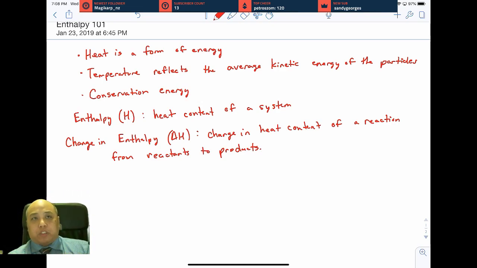So what we're going to focus on in this topic is talking about, in a lot of different ways, how to calculate the change in enthalpy. There are a lot of different methods, and they're all using slightly different data, so it's important that you know which one's which, because you're going to be referencing different data that's provided to you in a data booklet, or you're going to be doing certain different setups for that. We'll go through all that today as best as we can. If we run over 2 hours, I'm probably going to have to stop and continue later on, but we'll see how this goes.